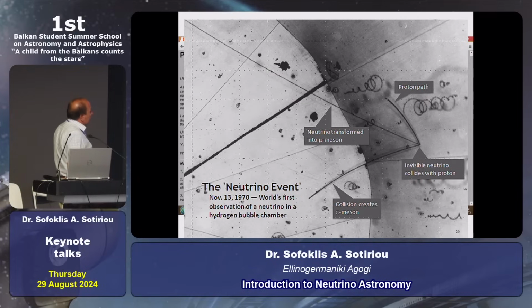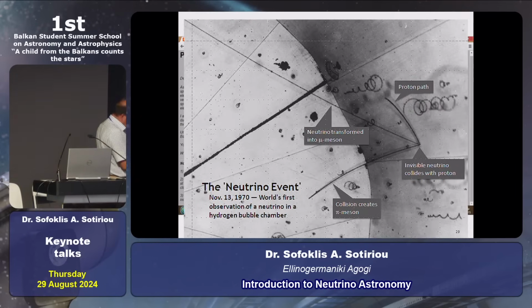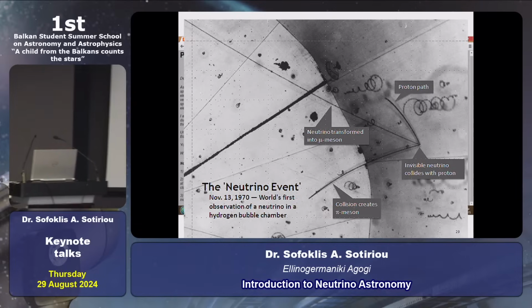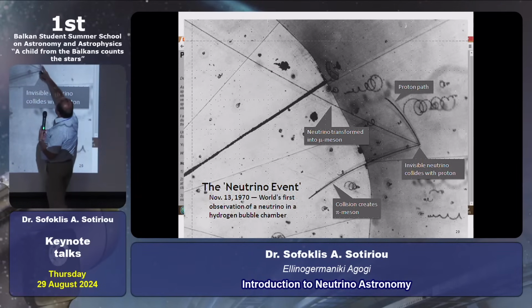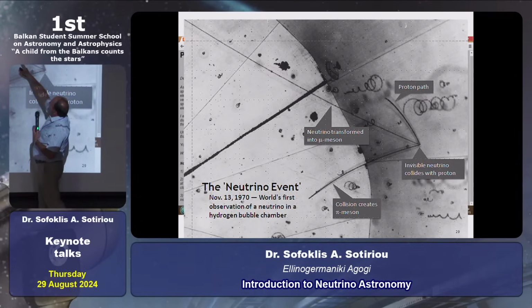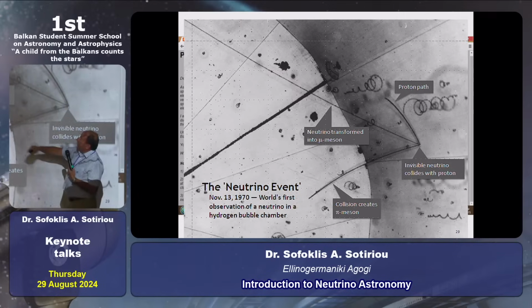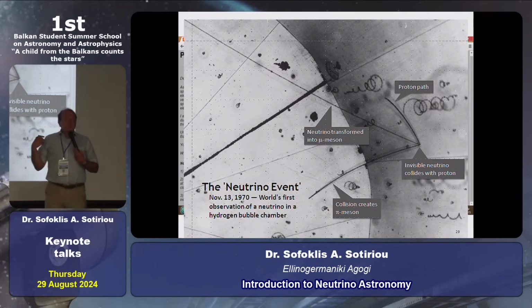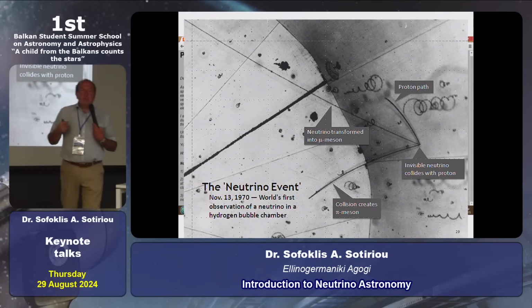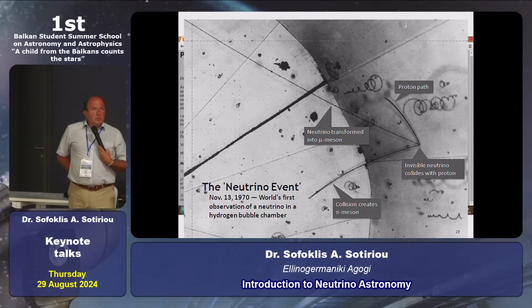So what we see here, we see a particle here, another particle there, making a big track, and another one here. Okay? Do you think that the momentum is conserved in this graph? Could it be?